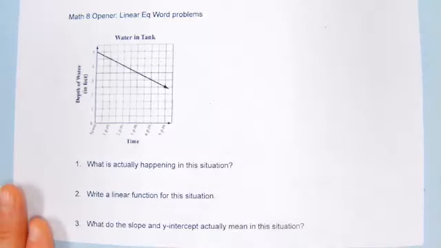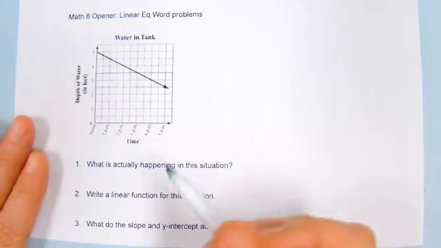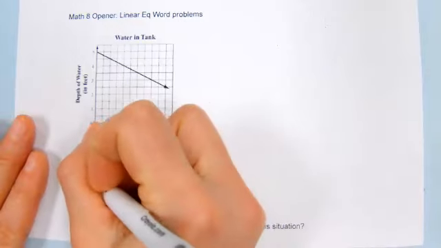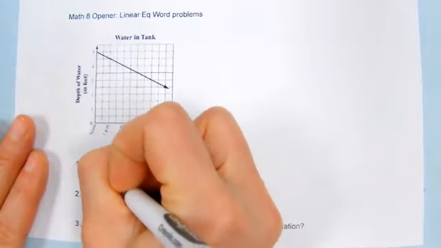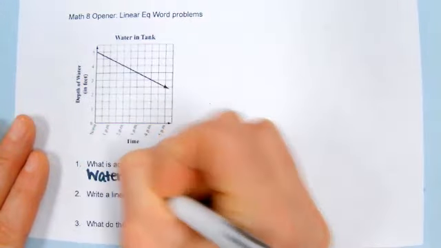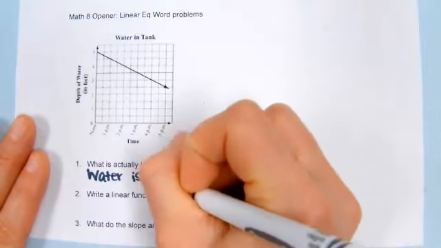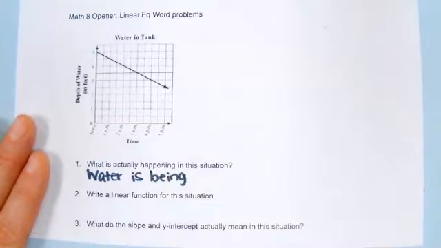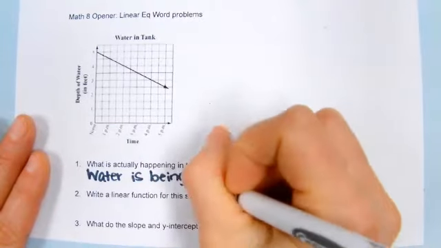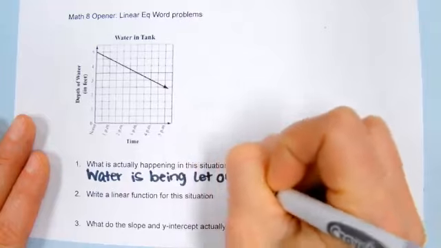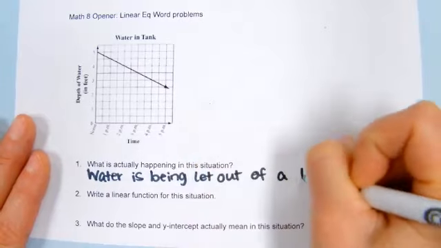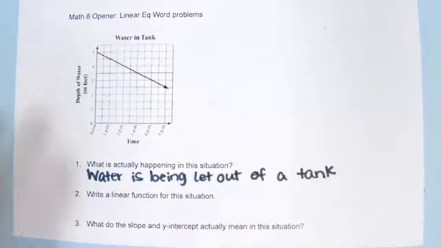And so when it asks you something like what is actually happening in this situation, you can say the water is being let out, because we don't know if it's leaking or if they're doing it on purpose. A tank. And it doesn't really even tell you what kind of tank it is.